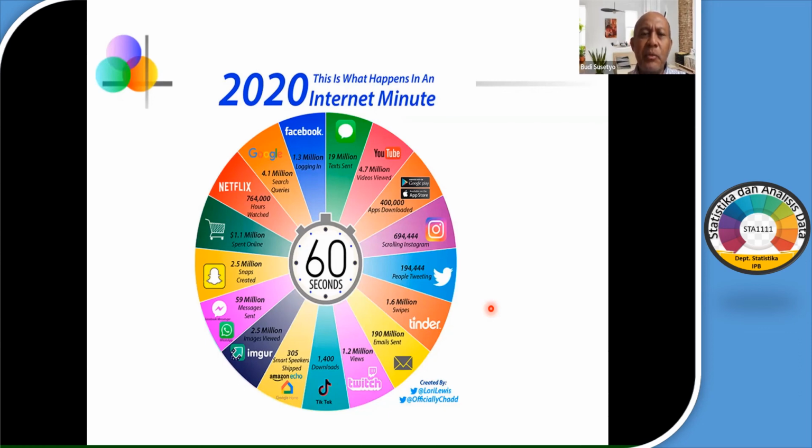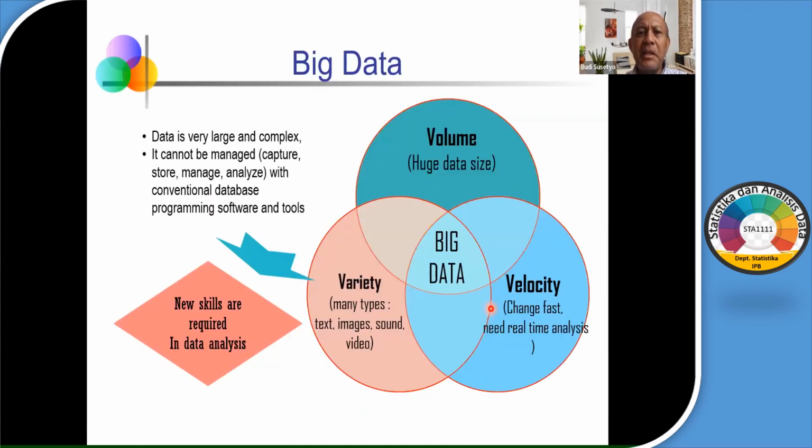For example, internet users in 2020. This is knowledge about big data, which is very famous now and implemented by everyone in research. But the definition of big data is not just large or very large, but also complex.